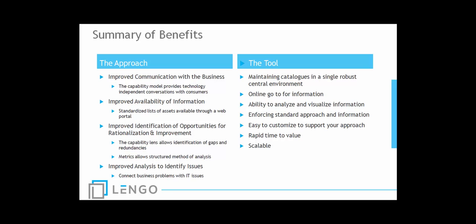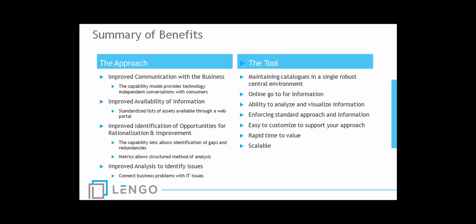And the structured methods that we've used for the analysis of the applications provide a standardized way by which we can use the content to make information available and to perform the assessments in there. And this particular approach means that the IT itself is not standalone, that it is actually connected with the needs of the business problems and is addressing the business needs rather than just standing in isolation.